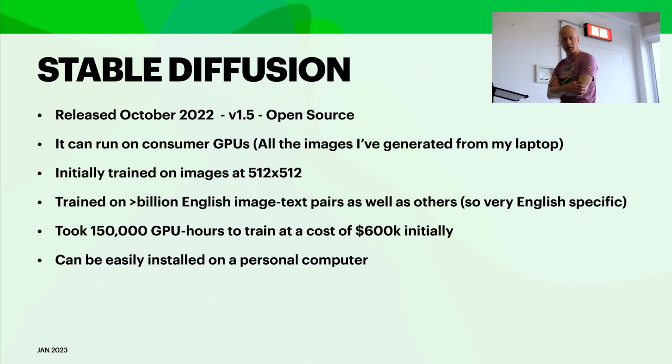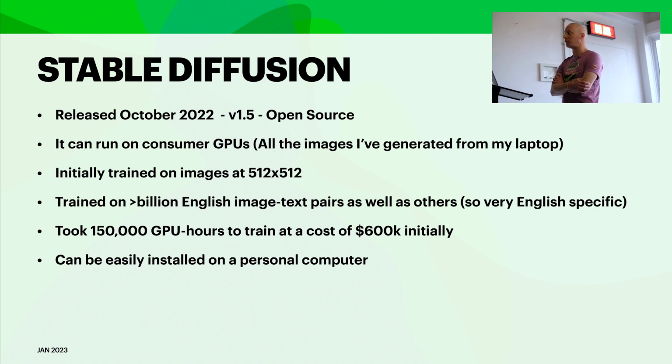That's another conversation around the ethics behind it, but it is very English centric. It took 150,000 hours to train, just as an example of how much it costs to train these models: 150,000 hours, £600,000, and the machines are super, super powerful. So it's not really something you can do in your house at the moment. It's big tech. And like I said, it can be easily installed on your personal computer.